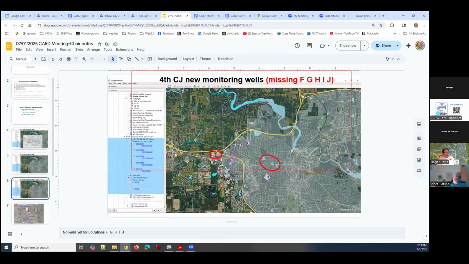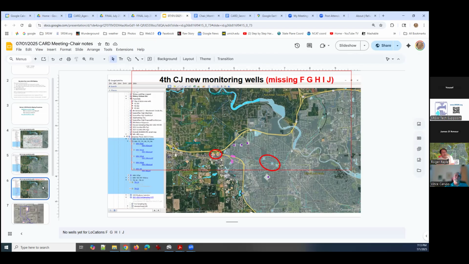And this is where they occurred; if they got a dot there, that means there's a well there now. The red ovals are where we still don't have monitoring wells that were promised. And that was proposed back in 2020.